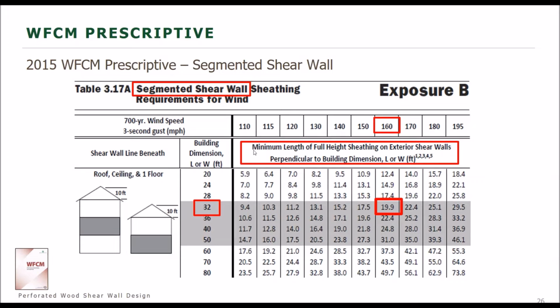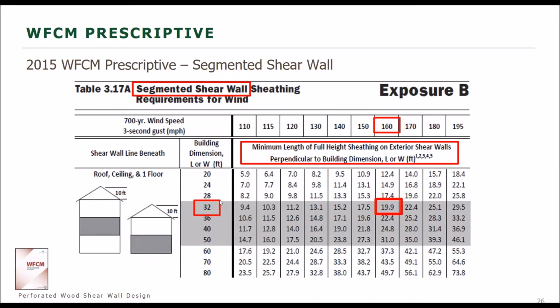We're designing the wall that's 40 feet long, so we need to go to the building dimension perpendicular to that. For this structure, we're going to use this 32 feet as our W. Then we go to the minimum length of full height sheathing on the wall that's perpendicular to that dimension. So to design the 40-foot long wall, we use the 32-foot dimension row.